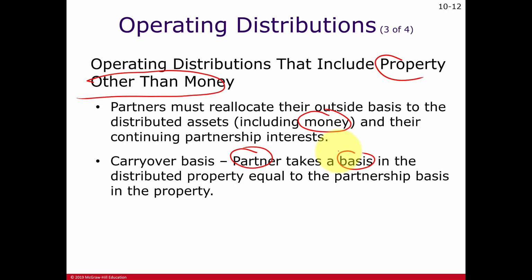And again, you cannot reduce it below zero. Carryover basis: whatever basis in the hands of the partnership now carries over to the partner, and you allocate basis to that property, reducing the partnership interest basis.